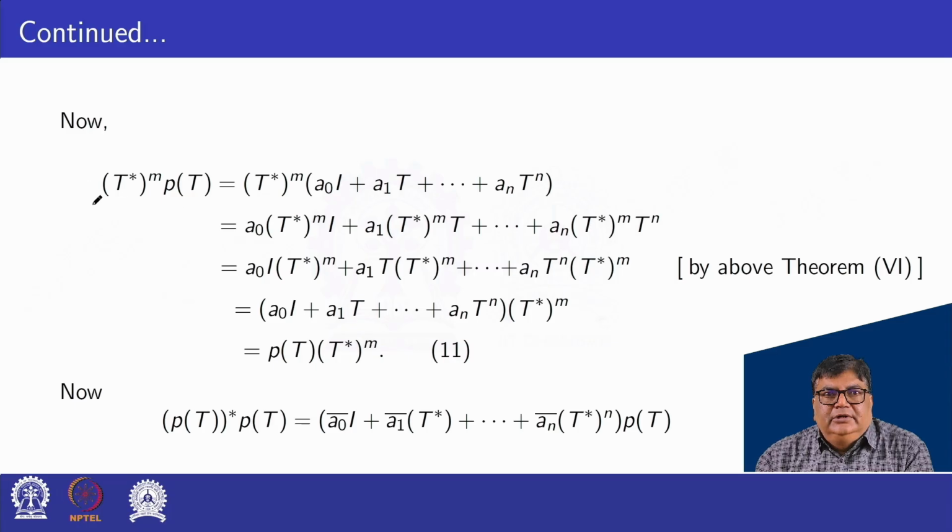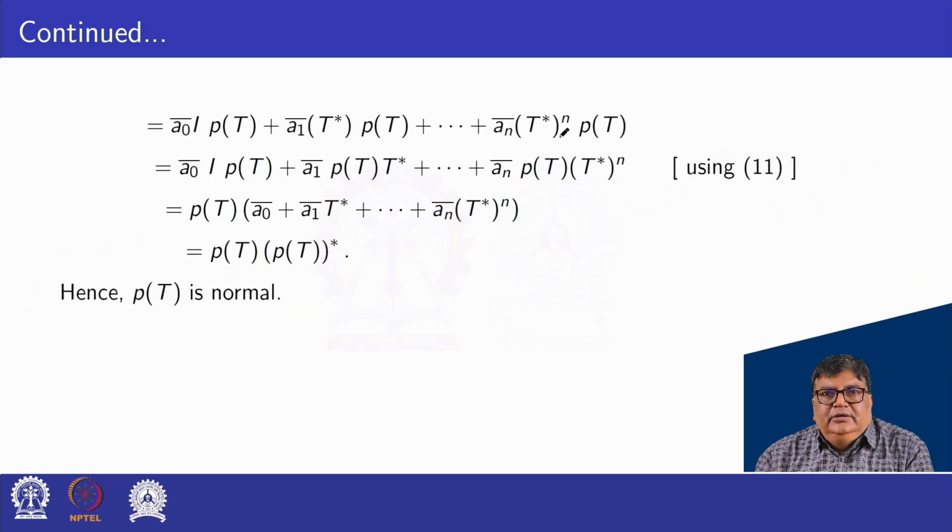This T star m into P(T) is equal to P(T) into T star m. So here putting the value of this, we have this one. So now P(T) as common into a0 bar plus a1 bar T star plus and so on an bar nth power of T star.